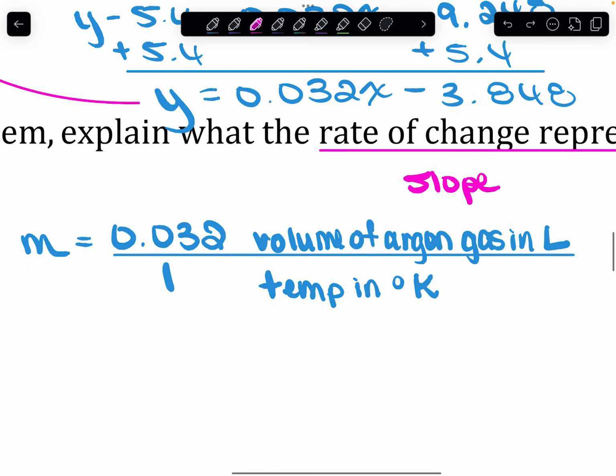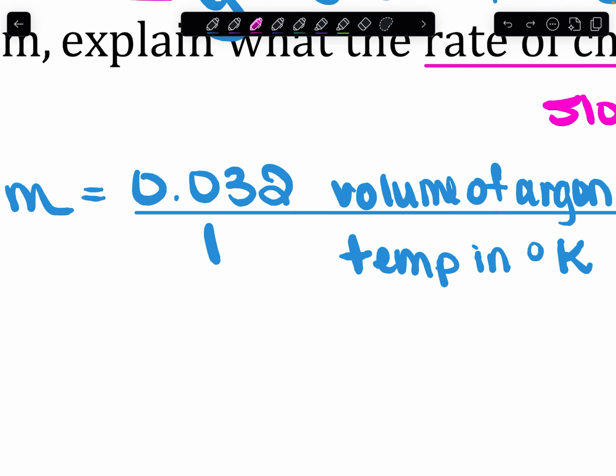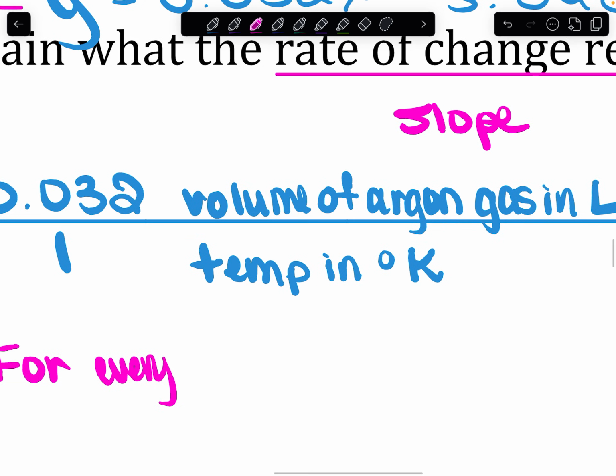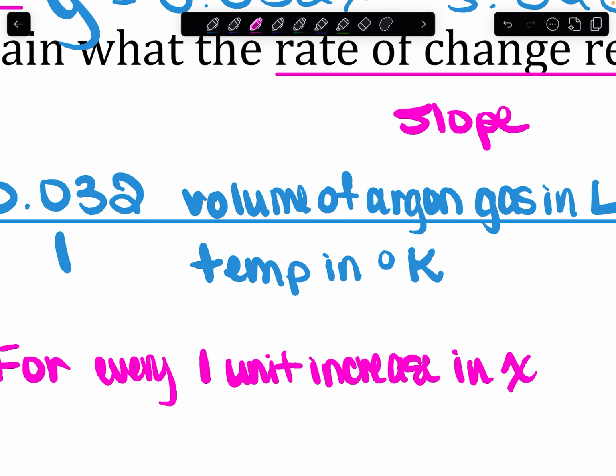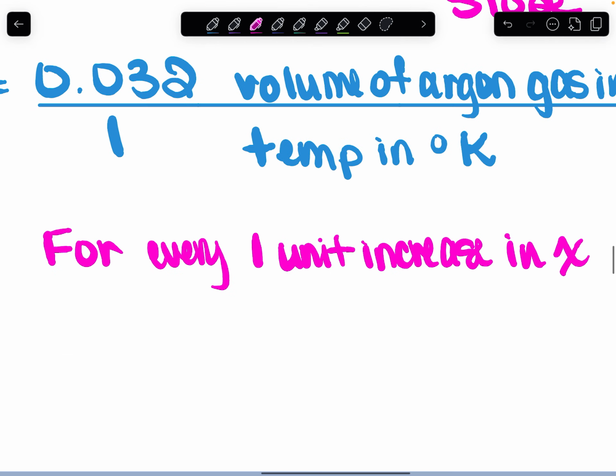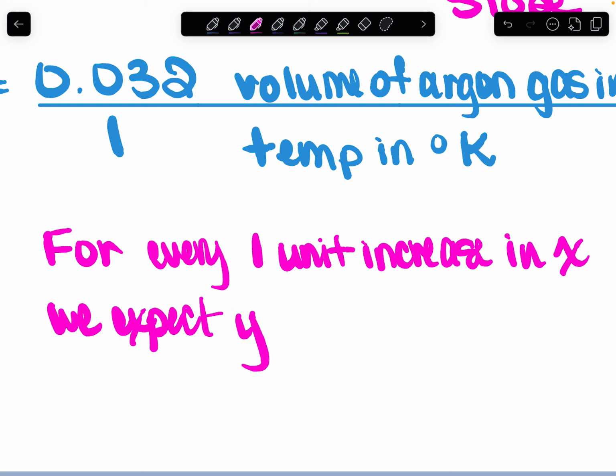All right, so let's look at a general idea of slope before we go to the specifics. So the easiest way to interpret the slope is you say for every 1 unit increase in x. So we always start with the denominator because the denominator is always 1. So every time x goes up by 1, because we always put it over 1, we expect y, whatever y stands for, it either increases or it's going to decrease.